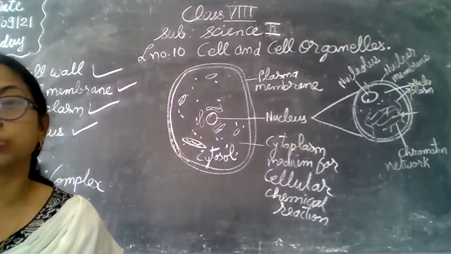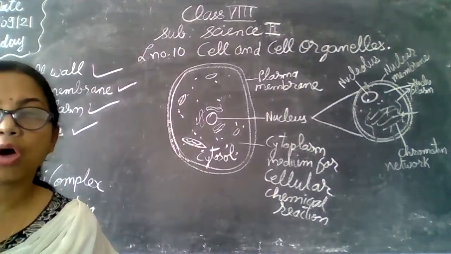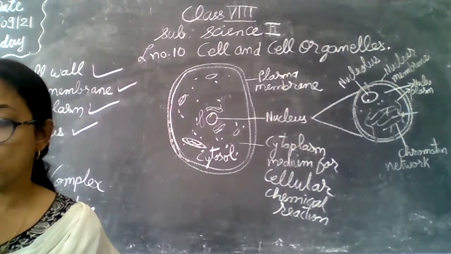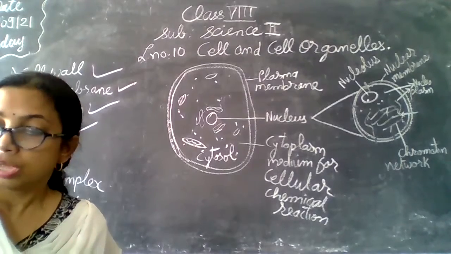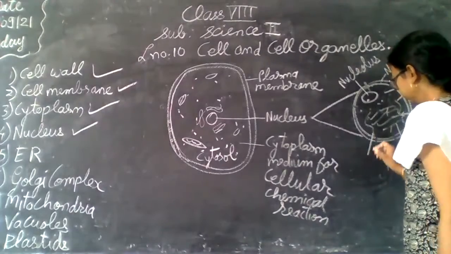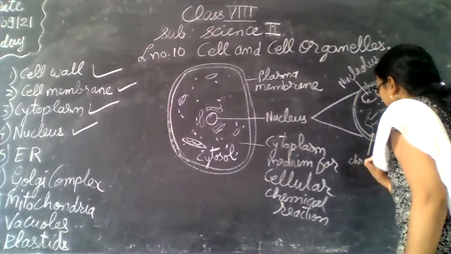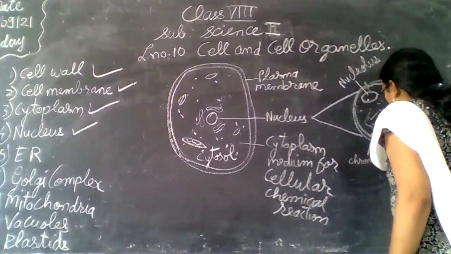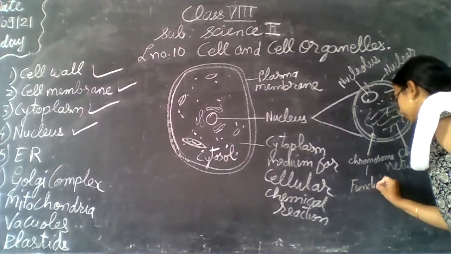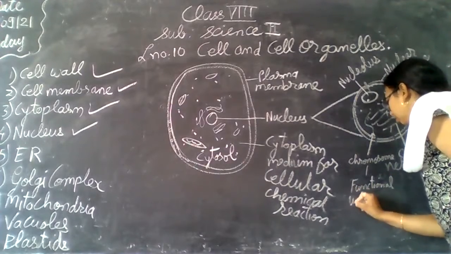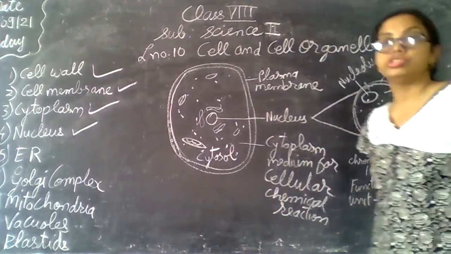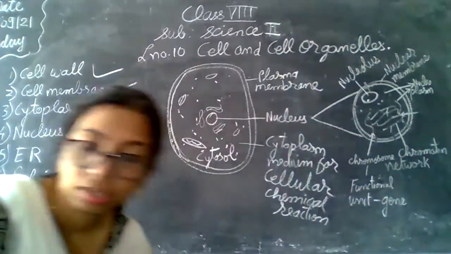Functional segments of chromosomes are called genes. This is a chromosome. Okay, one chromosome. That functional unit is called a gene. G-E-N-E, gene.